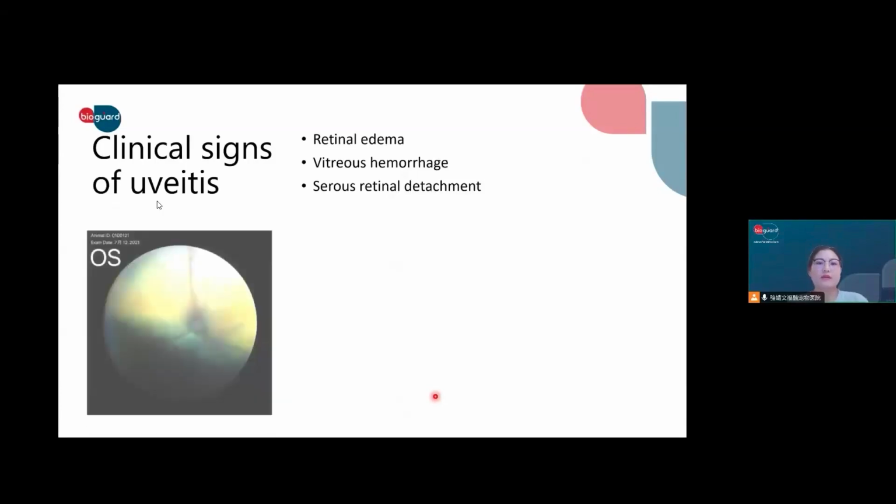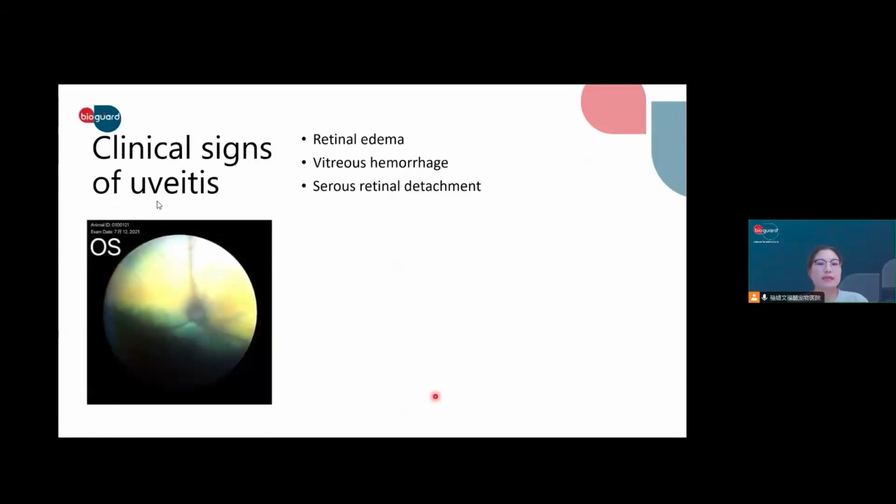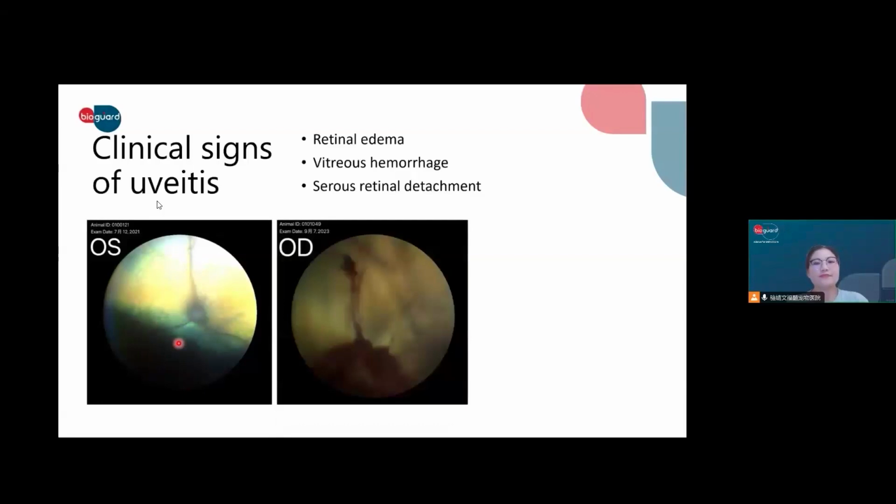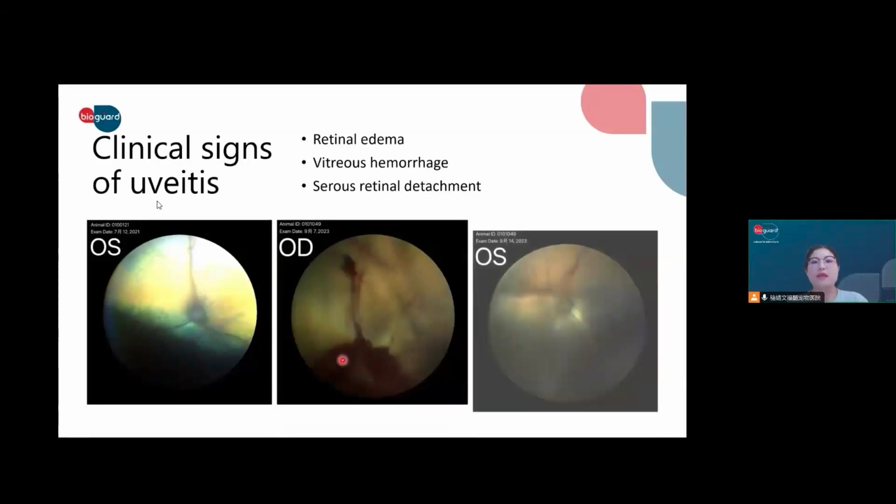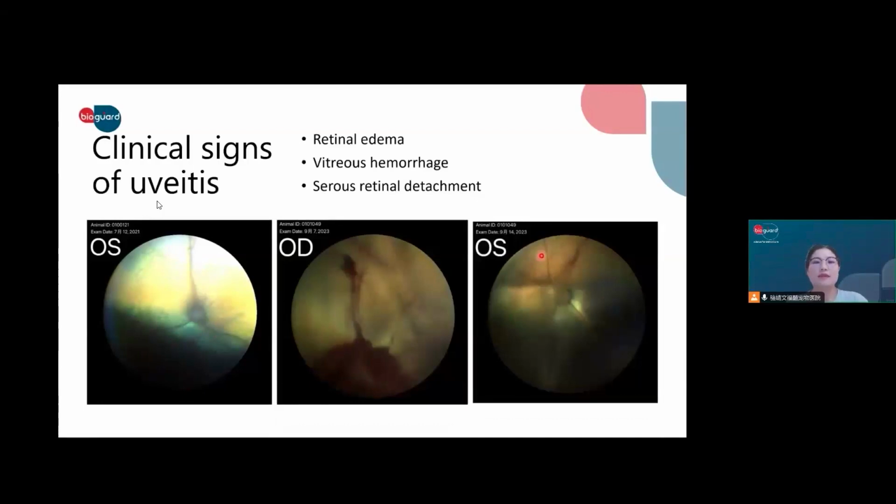Then we may see the retinal edema, like in this picture. The whole retina, the whole fundus looked cloudy. The vitreous hemorrhage, some bleeding, blood here, and the serous retinal detachment.